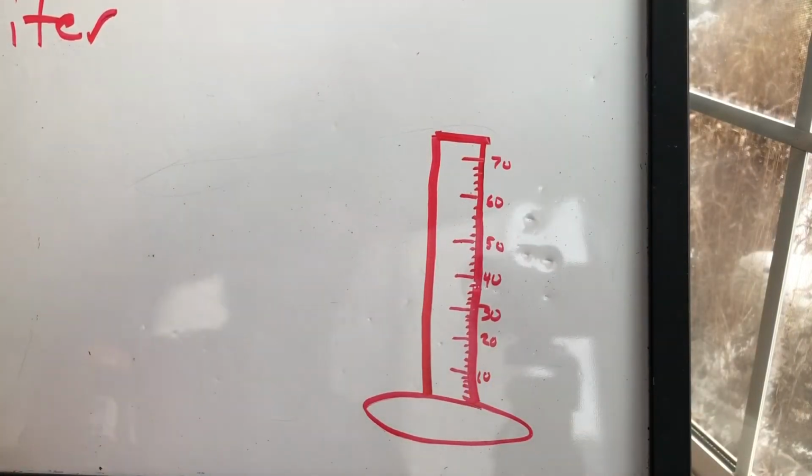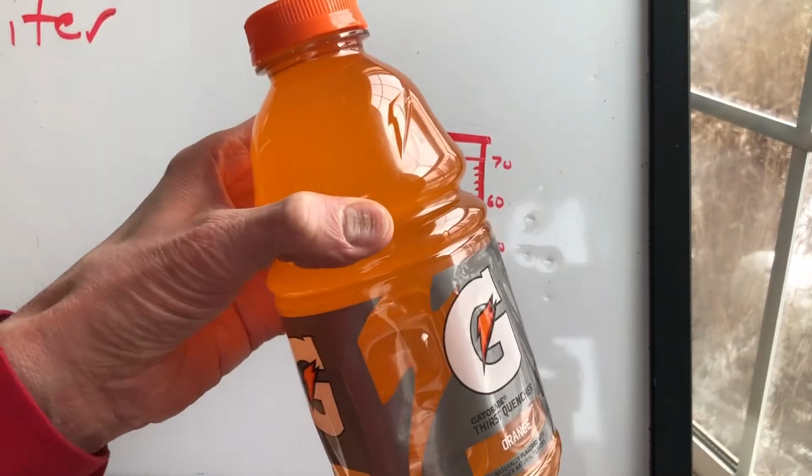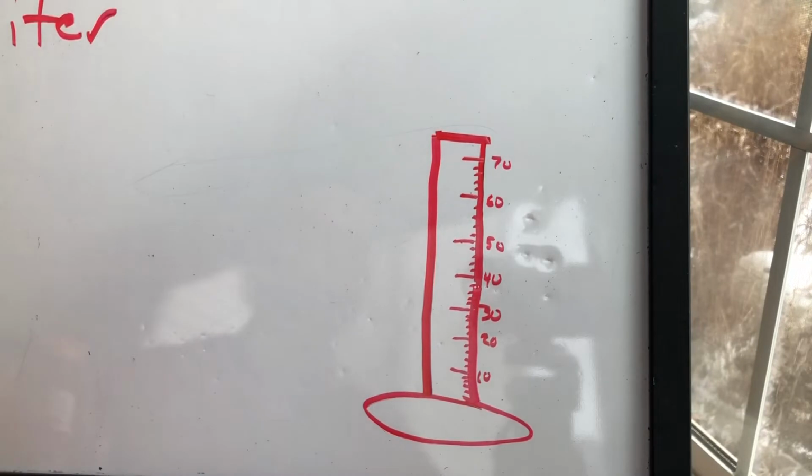Okay, this is a picture of a graduated cylinder. It is what we can use to measure milliliters, right? We're not talking about large amounts, you can't put that in there. That's more like a liter. But these graduated cylinders can be used to measure milliliters. So what happens, right?